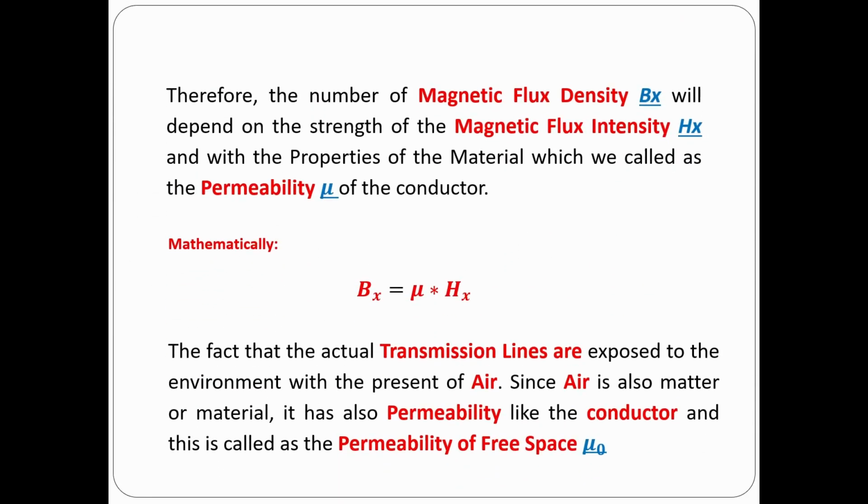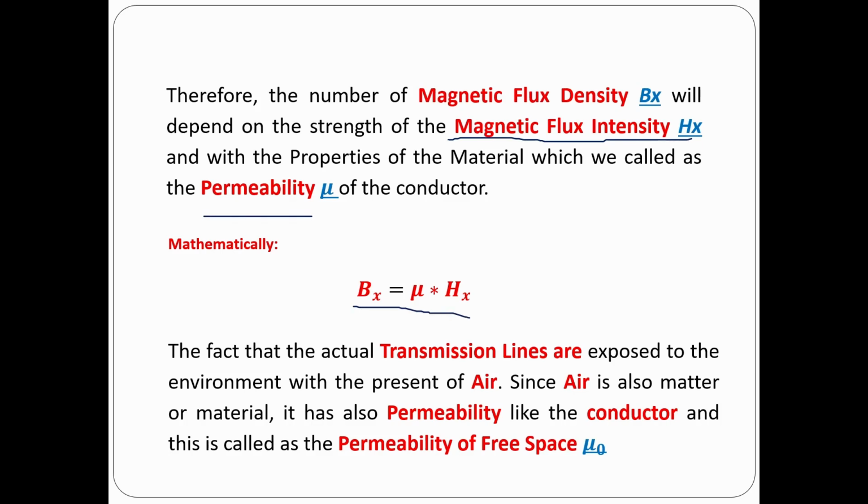Therefore, the magnetic flux density Bx will depend on the strength of the magnetic field intensity Hx and on the properties of the material, which we call the permeability mu of the conductor. Mathematically, the relation is written as Bx = mu times Hx.